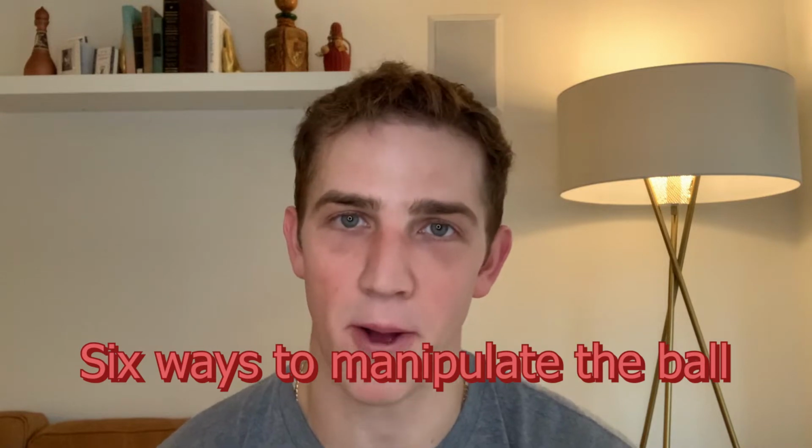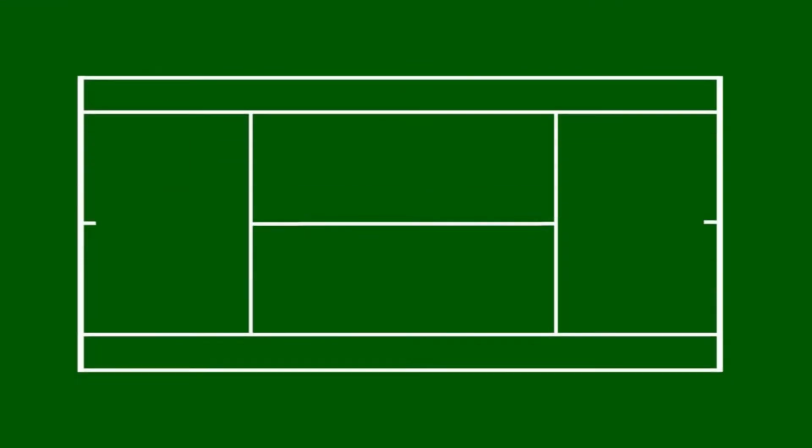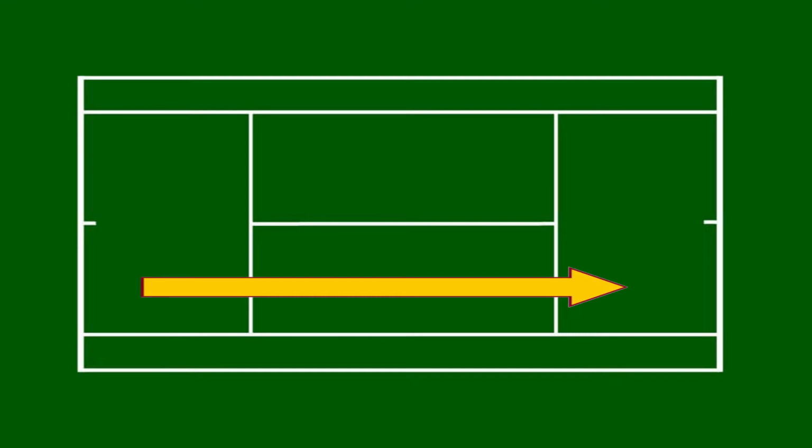So we're gonna start off the year with a really simple but amazing video that's going to help you guys understand the different ways that you can manipulate the ball. There are six fundamental ways that you can manipulate the ball. What we're talking about is the difference between your two shots.